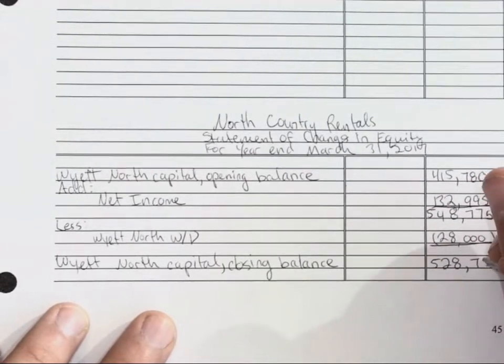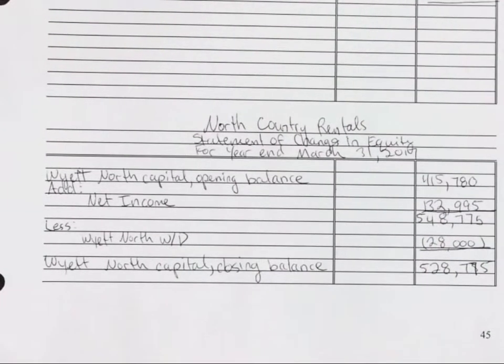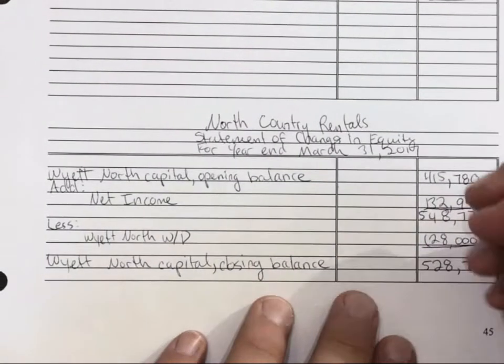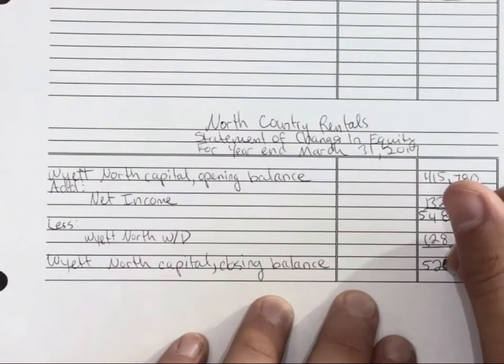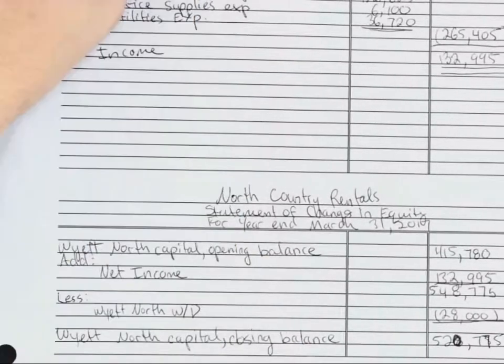I just did the math as I went and used a calculator, so do your numbers match this? Oh, 520,000, I guess. Yeah. Okay, so we have our closing balance. So let's do our classified balance sheet.